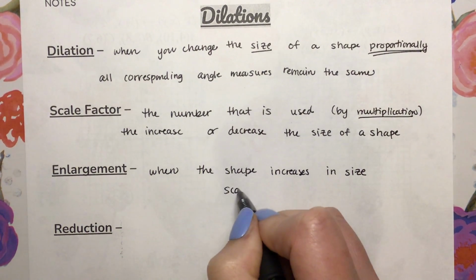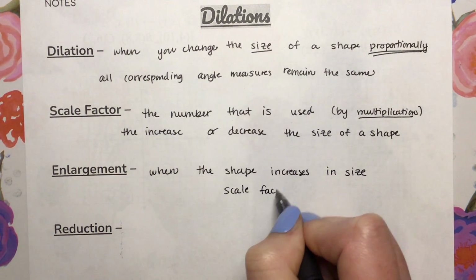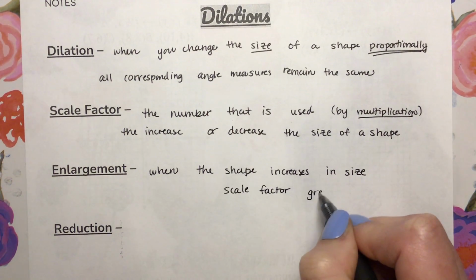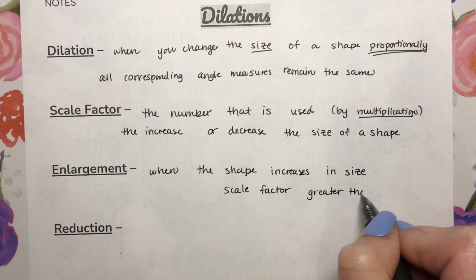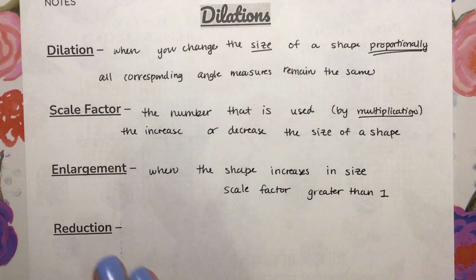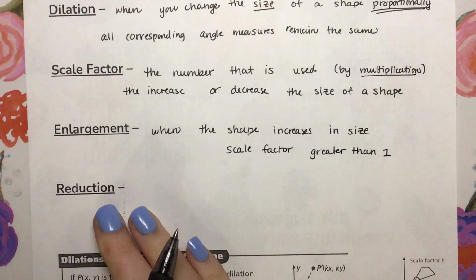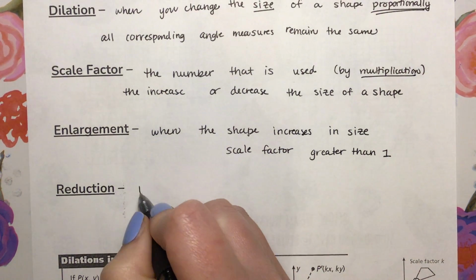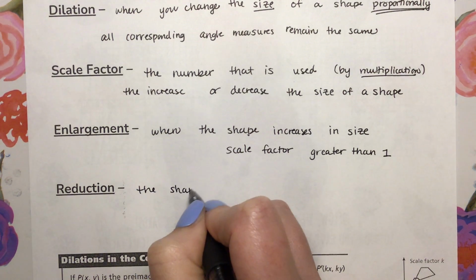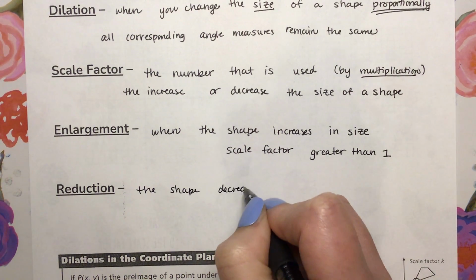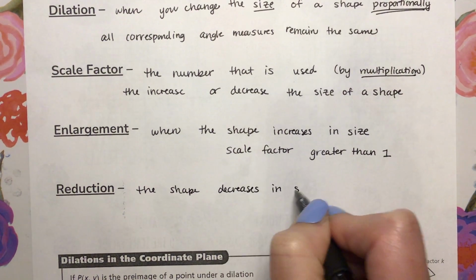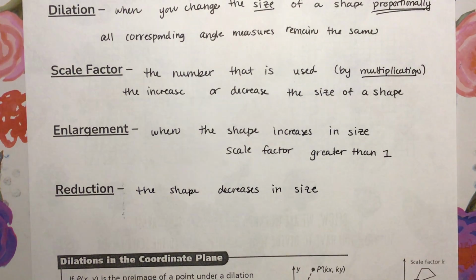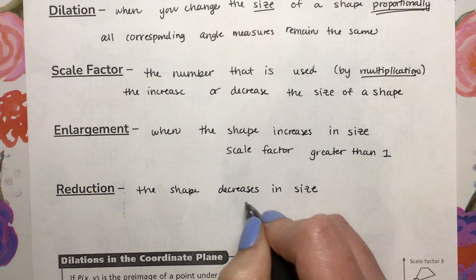So I'm going to write scale factor greater than 1. Okay, now when we have a reduction, that means that the shape is going to end up getting smaller. In other words, the shape decreases in size. So in that situation, the scale factor is going to be less than 1.